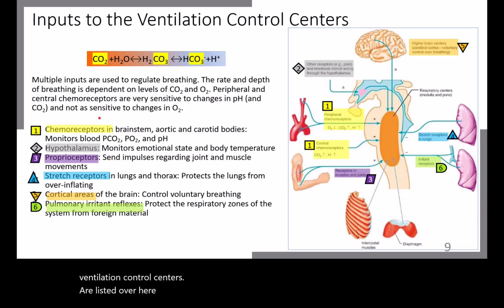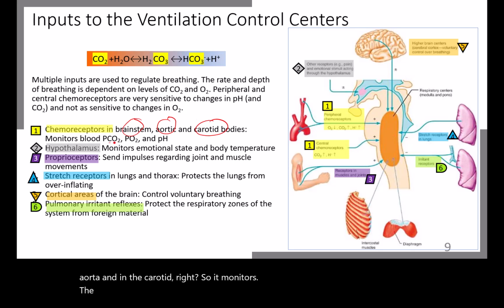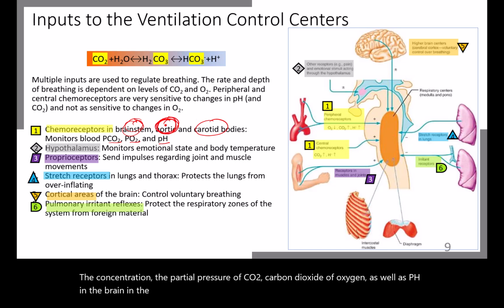So basically we've got chemoreceptors in the brainstem, in the aorta, and in the carotid, right? So it monitors the concentration, the partial pressure of CO2, carbon dioxide, of oxygen, as well as pH in the brain, in the blood coming out of the heart, and in the blood going to the brain.